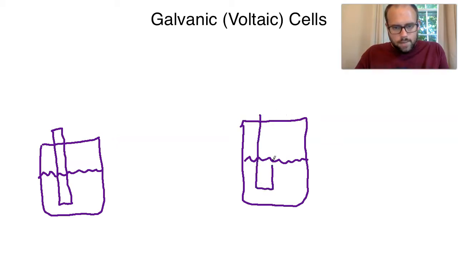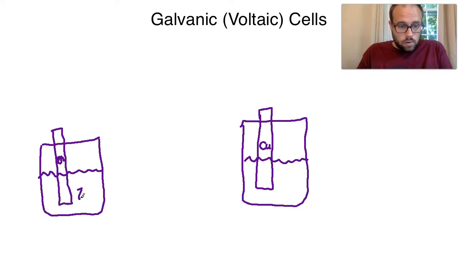Okay, and the two metals that we're going to work with here, the first one will be zinc, so we'll just label this as Zn, and the second one will be copper, so we'll put Cu here. Now, when we do this, we are going to have a solution of similar based metal, but in its aqueous form.